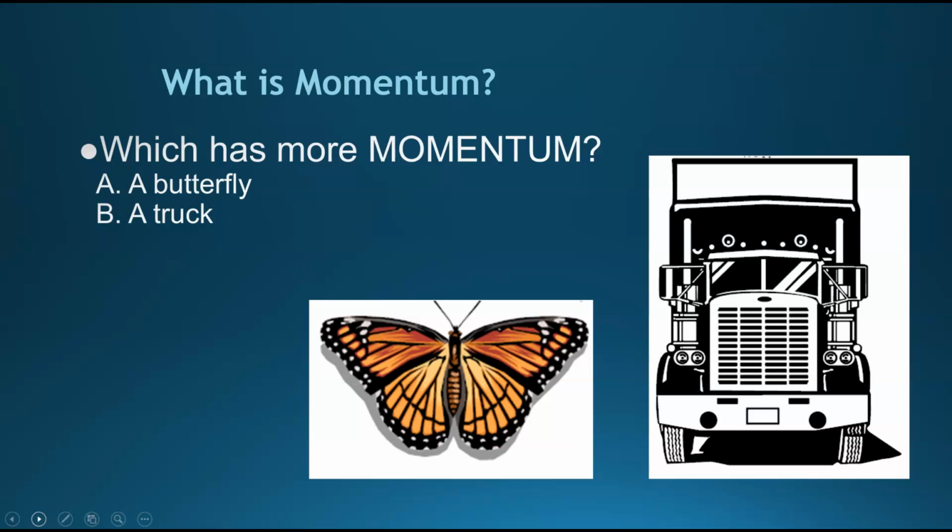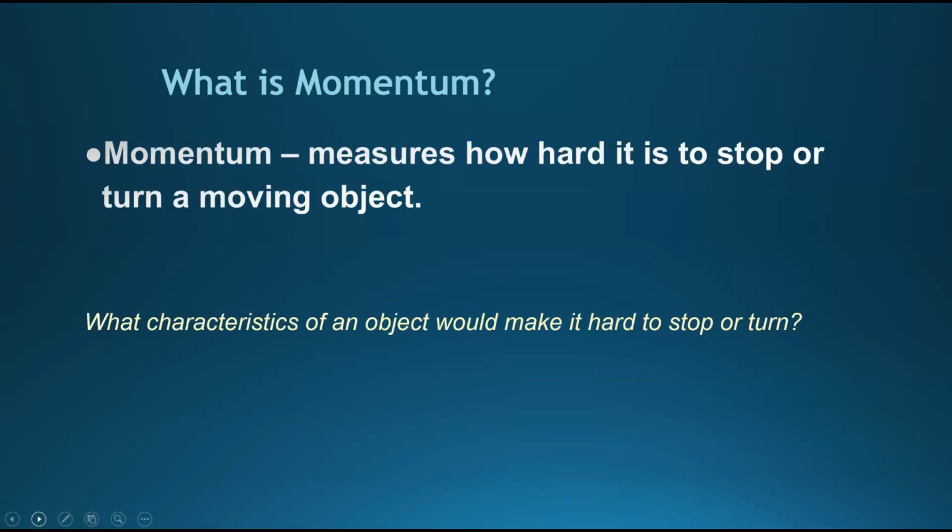So to really dive into that, we have to look at what is momentum. So momentum, hint, hint, write this down. Momentum measures how difficult it is to stop or to turn a moving object. Basically, to slow down and stop, or to change the velocity in some different direction of something that's already moving.